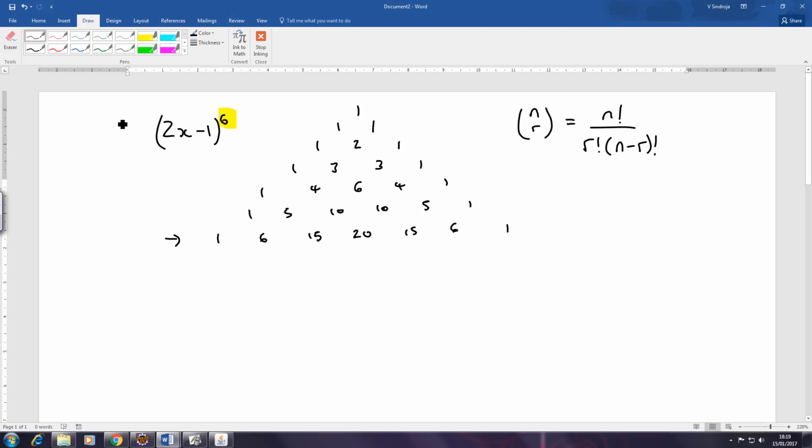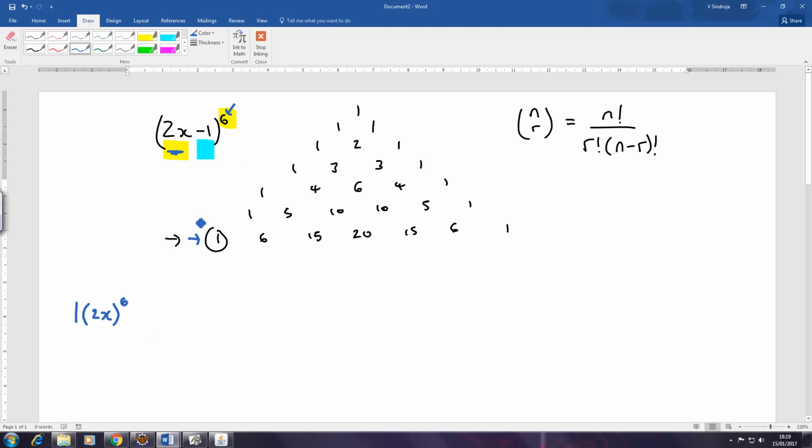Okay, so let's start working it out. This is the first part of the expression, and this is the second part of the expression. So what happens is this. First of all, you start with the number 1, and then you pick the first part, 2x, and that's always going to be to the power of whatever is on the bracket, so power 6.